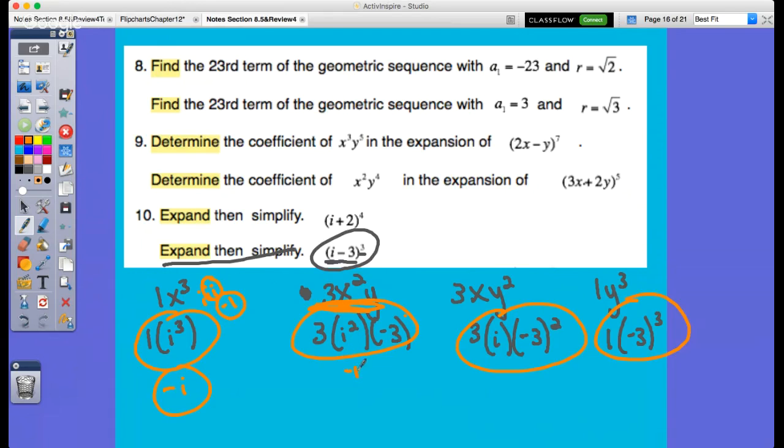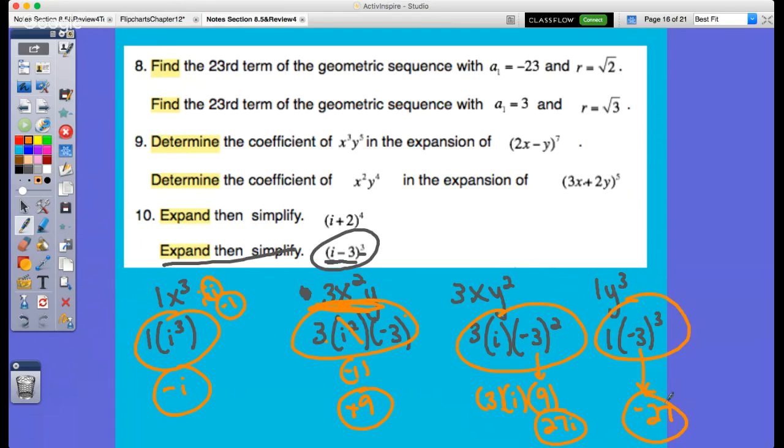i squared is -1, so we'll plug that in. 3 times -1 is -3. -3 times -3 is +9. Okay, so we keep that there. -3 squared is +9. So we have 9 times i times 3, which would be 27i. -3 to the third is -27.